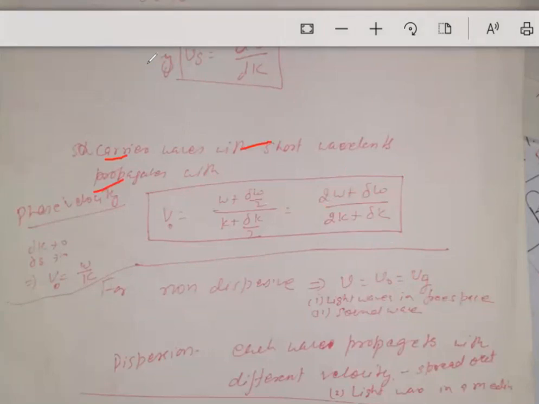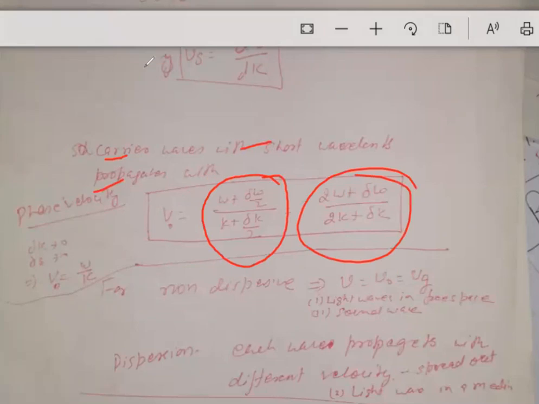We already know v naught is this, so you will get this, and you know the dispersion relation. You can see in any book, whenever there is a v naught, where phase velocity and group velocity are equal, then we get a non-dispersive situation.